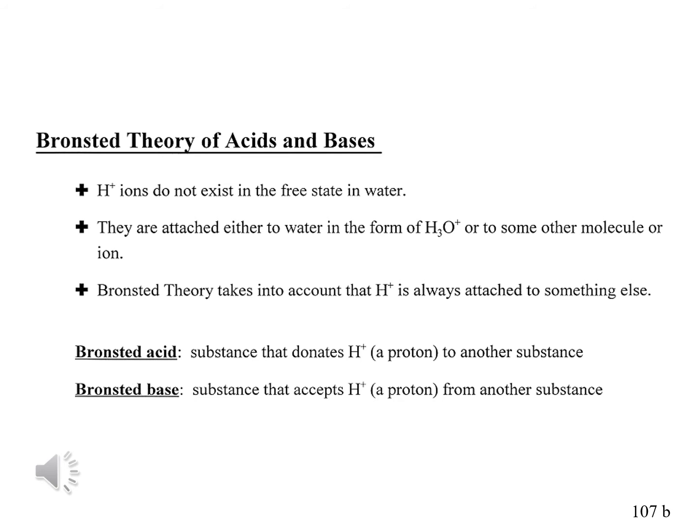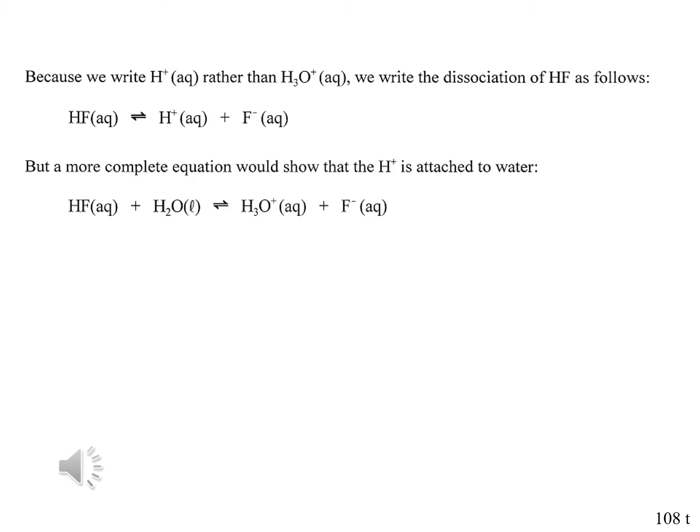One reason the Bronsted theory is so useful is that there are way more bases in it than just plain OH- by itself. In the Arrhenius theory, OH- is really the only one, but in Bronsted theory you can have negative ions like F-, as we showed in that slide before.